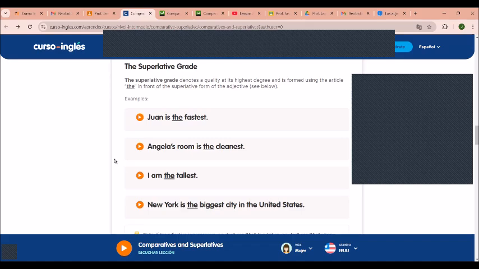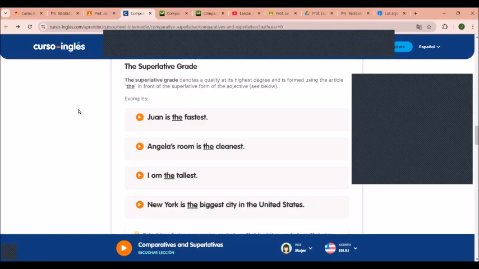Now, EST is the normal way we're going to be making our words superlative. Both for comparative and superlative, these changes are for the simple words, the one syllable or so words: fast, clean, tall, big. Now, what if the adjective has multiple syllables, or if the adjective has a different ending?